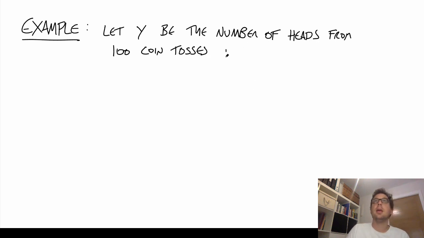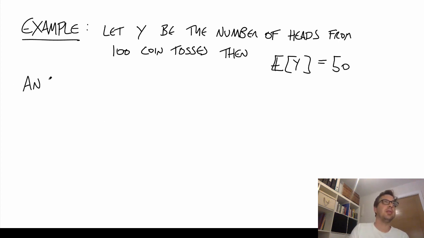Okay, then we have from that the expected value of y should be 50. Okay, so we're just reconfirming our intuition here from before.